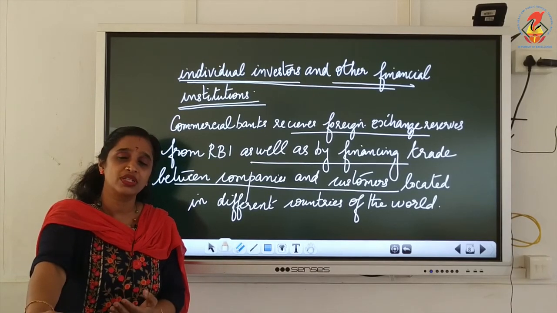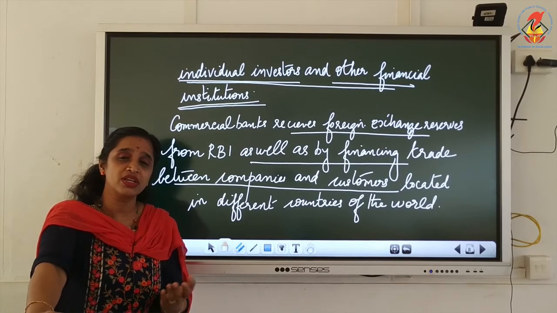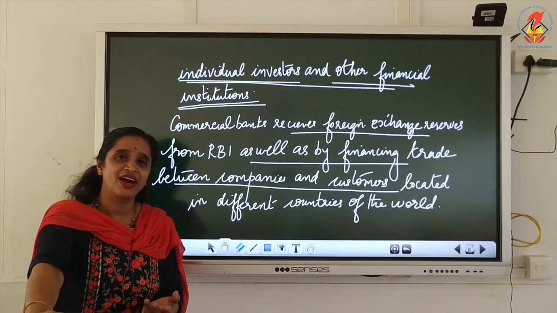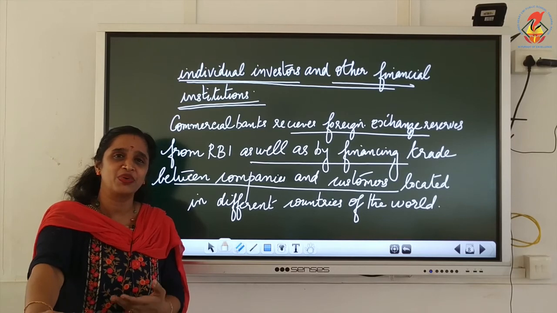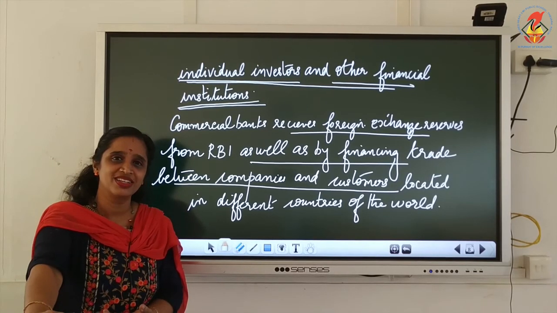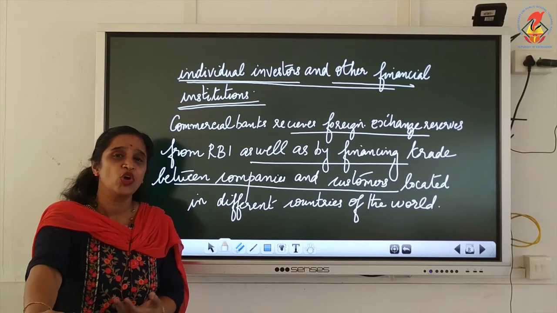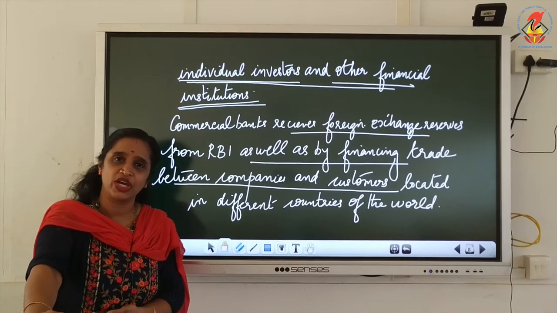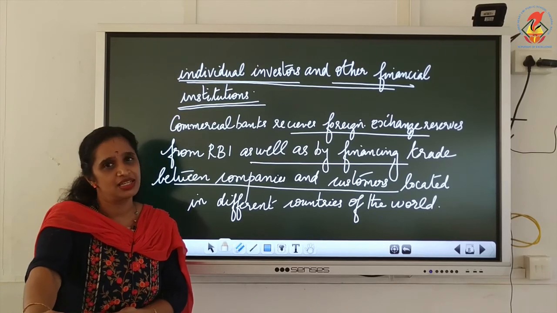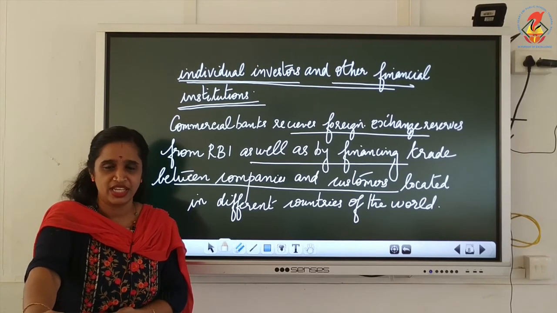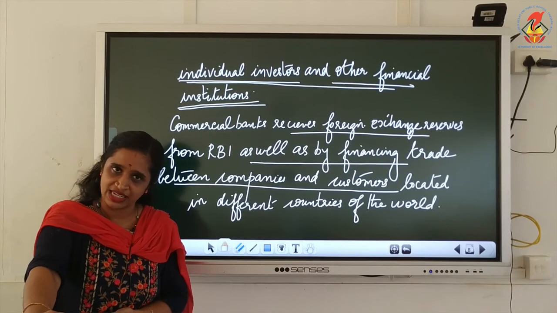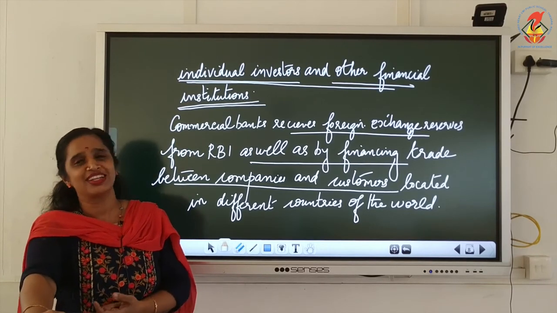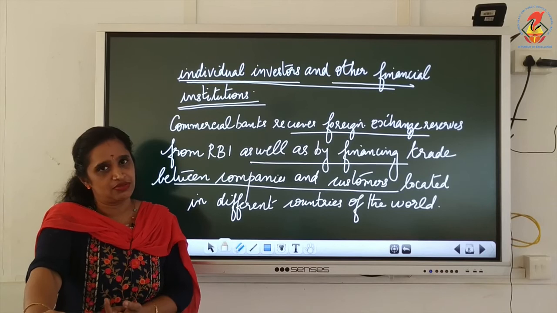RBI of all the countries, like our RBI and other countries' central banks, are involved in the foreign exchange market. Commercial banks, other financial institutions like World Bank, IMF, and individual investors are also authorized dealers. From these authorized dealers, RBI will buy and sell the foreign exchange reserves.